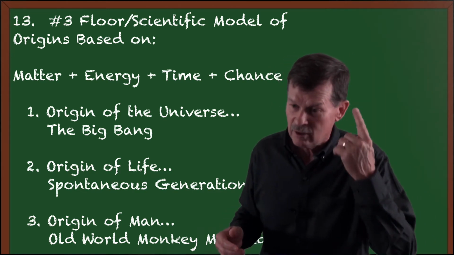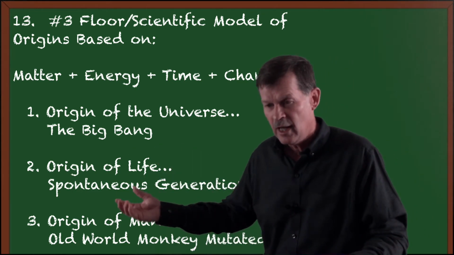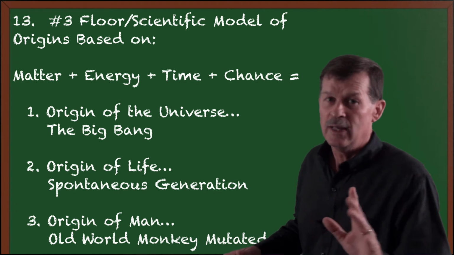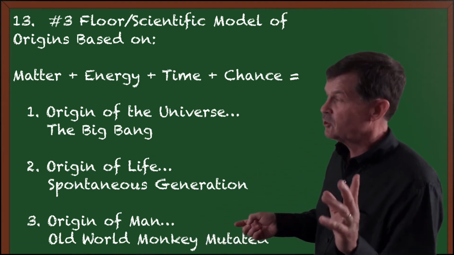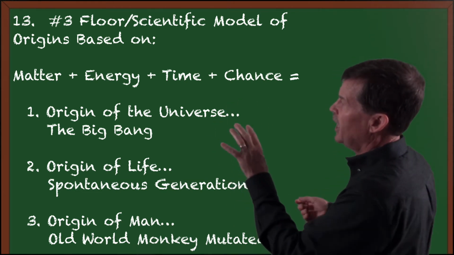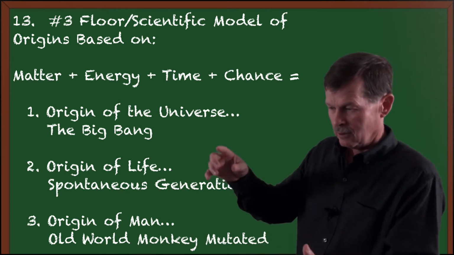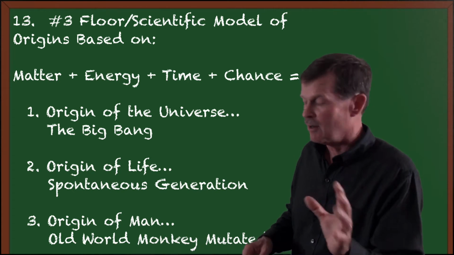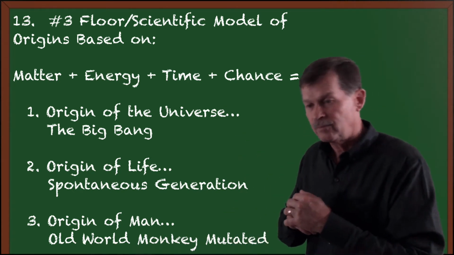So even though there are different ponds, a lot of slime, a lot of water, a lot of energy, a lot of sun, it happened once, which is pretty close to a miracle. It is a miracle of nature or a miracle of God. But the origin of life fits because you have matter, energy, time, and chance. You have a product.